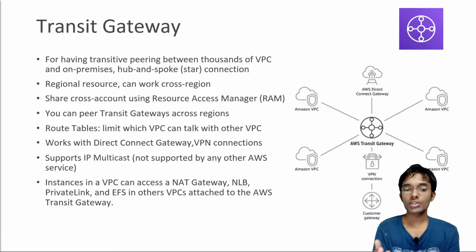They can also connect to a direct connect gateway if we need it to, and also connect to on-premises through a VPN connection and a customer gateway. Similar to the idea of the transit VPC we had before, now we have a transit gateway, and all the traffic will flow through the transit gateway.